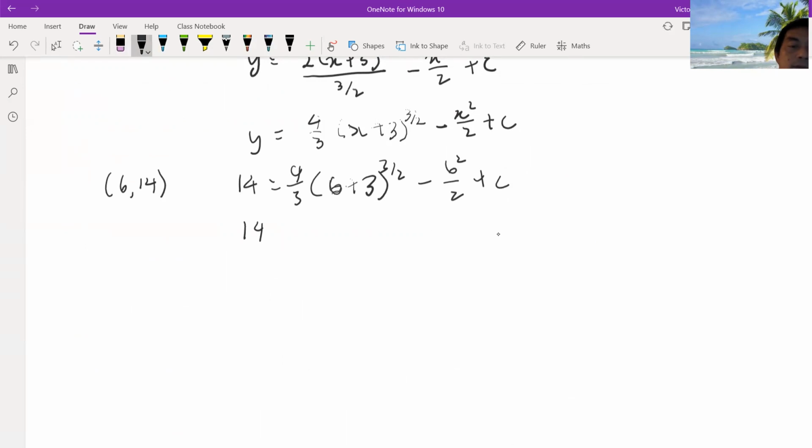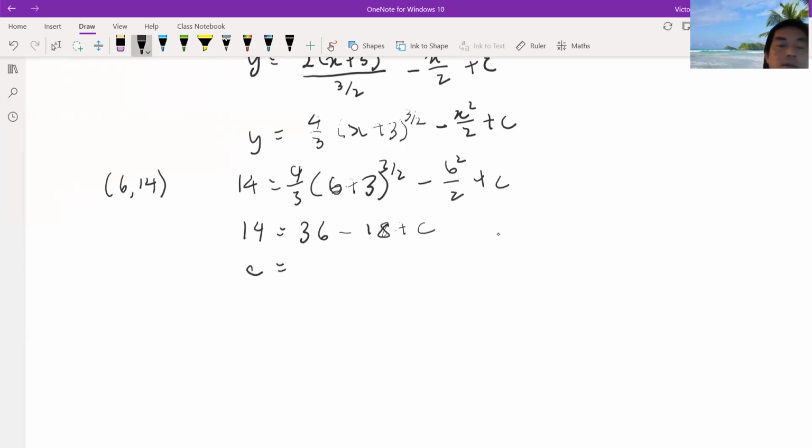So this is 14 equals 4 over 3 times 27, minus 18 plus c.